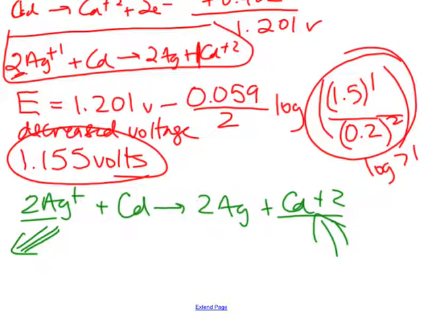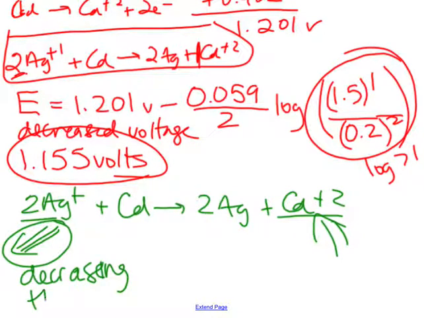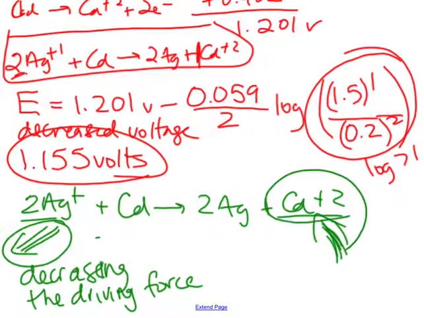That's not what happens. Changing that does, though, taking away some of this, it's decreasing the driving force forward. And also, by increasing this, you're creating less of a driving force to make it.